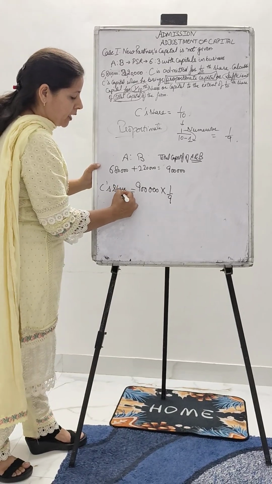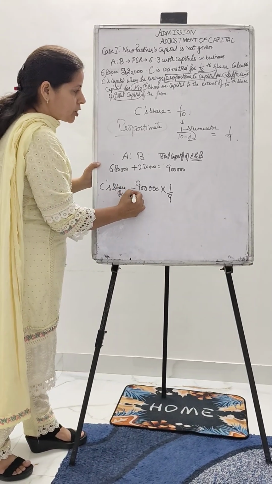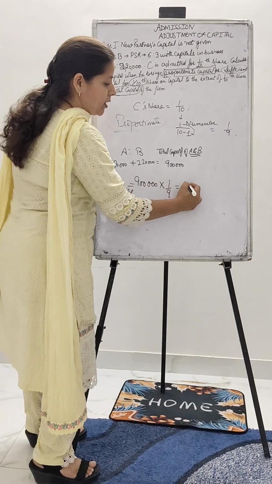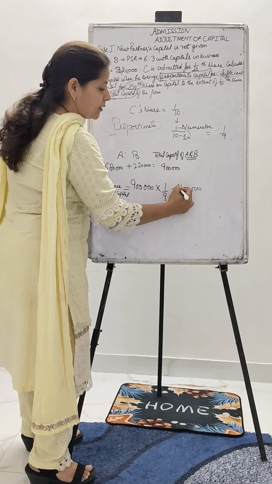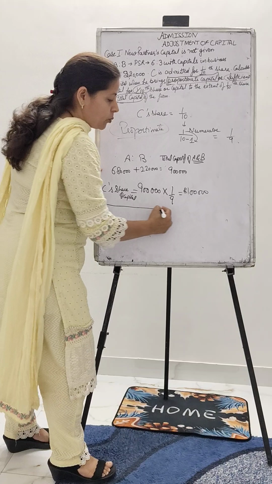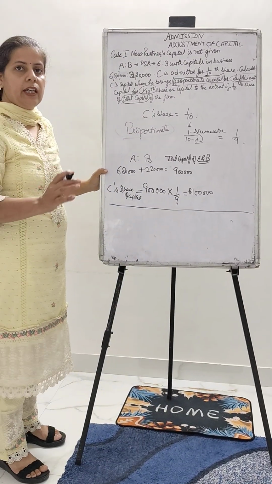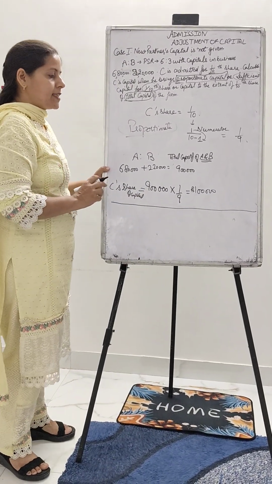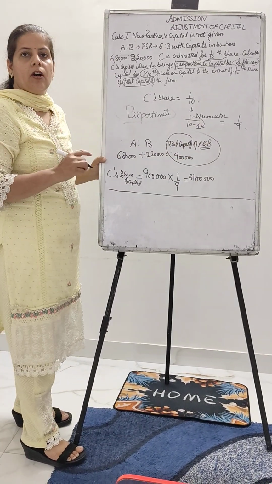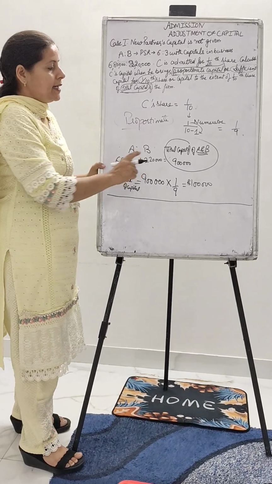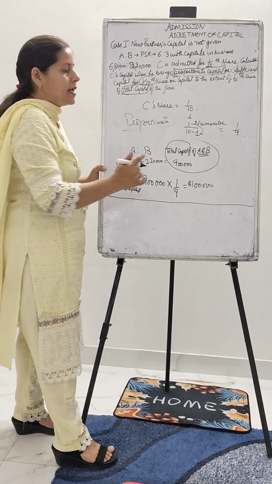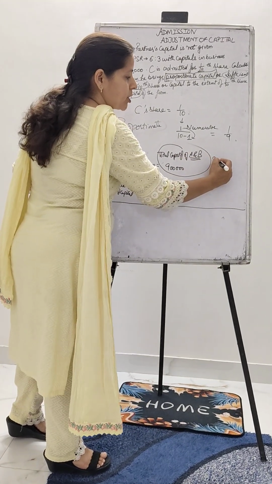Now, I have given you a shortcut method to find out 1 by 9, that is how we are considering 1 by 9 here. Otherwise, there is one particular certain way of doing that. When we say that we have total capital of A and B of rupees 9 lakh, this 9 lakh rupees of capital of A and B is for the remaining share.